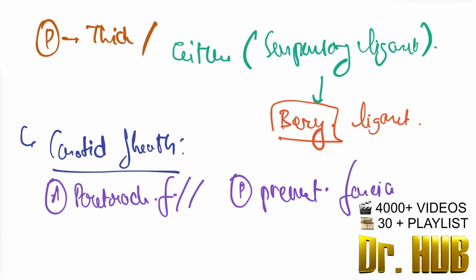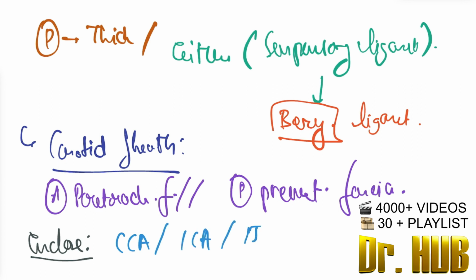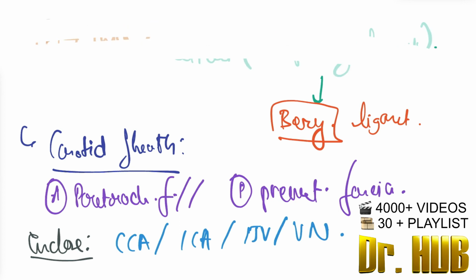It encloses the common carotid artery, the internal carotid artery, the internal jugular vein, as well as the vagus nerve.